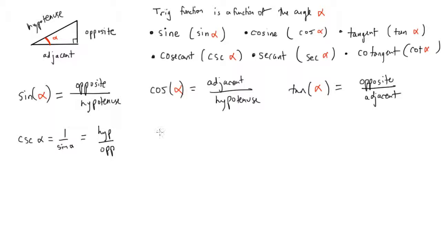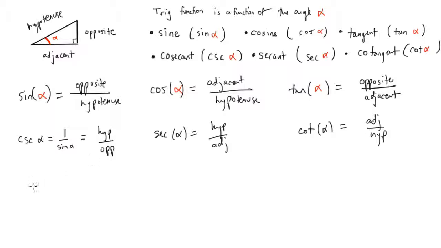So I'll just abbreviate it like that. Similarly, secant is the hypotenuse over the adjacent, and cotangent is the adjacent over the hypotenuse. So figuring out cosecant, secant, and cotangent is really easy. You just figure out sine, cosine, and tangent, and then flip them over.